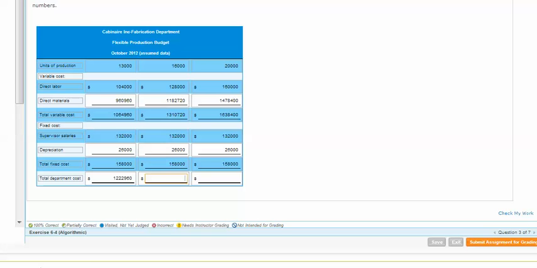And I'm going to continue to do that across. So I take the 1,310,720, my variable cost, add to that my 158,000, that looks like 1,468,720.